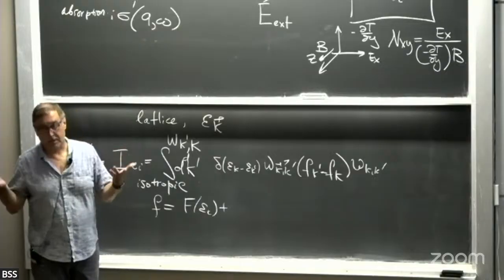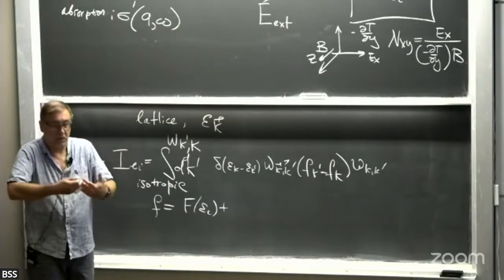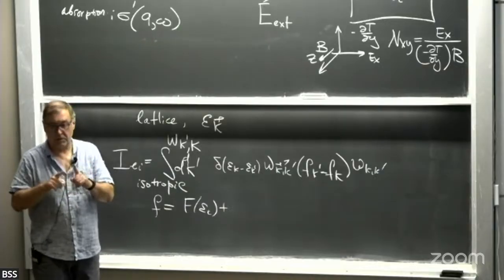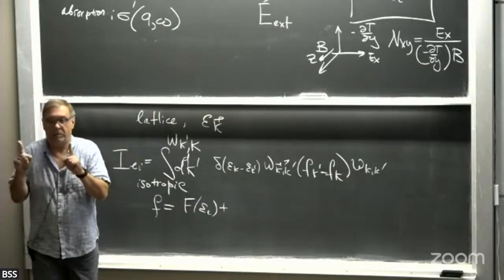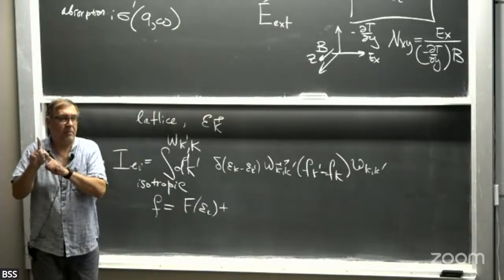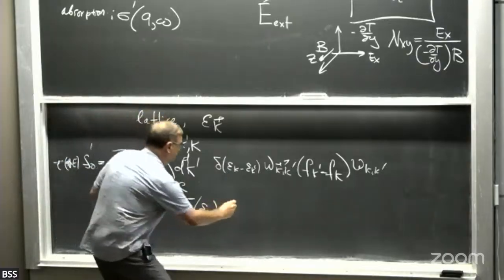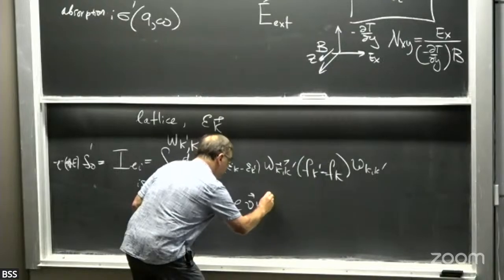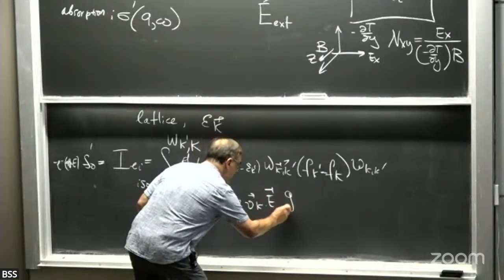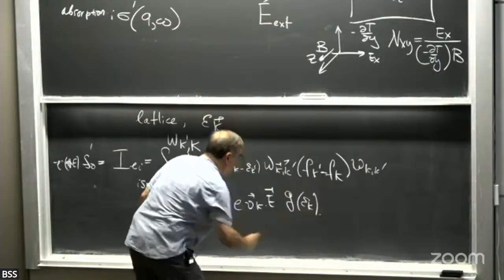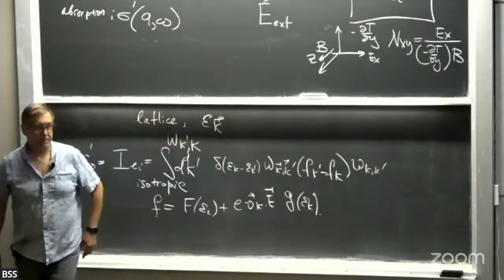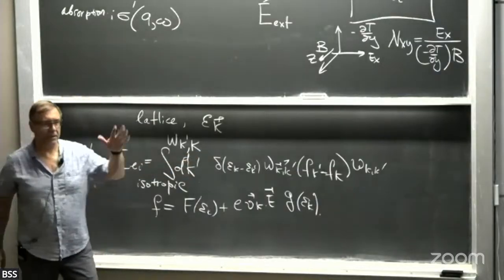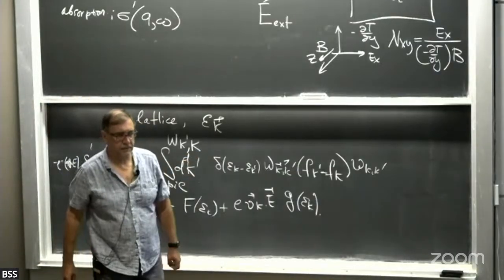But electric field is a vector. So we need another vector to dot it in. And in an isotropic system, there is only one vector, which is k, or the velocity with momentum k, which are the same because they're parallel to each other. So I will just choose this as v_k dot E times something else. And this something else is now a function of energy only. And plug this in, solve for G, and you will get that G is basically the transport time, right?